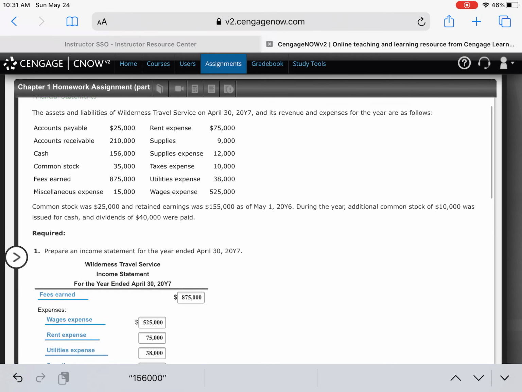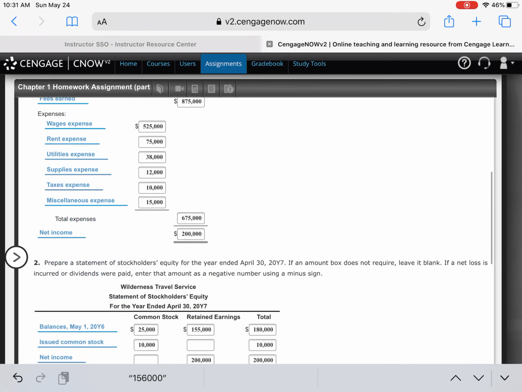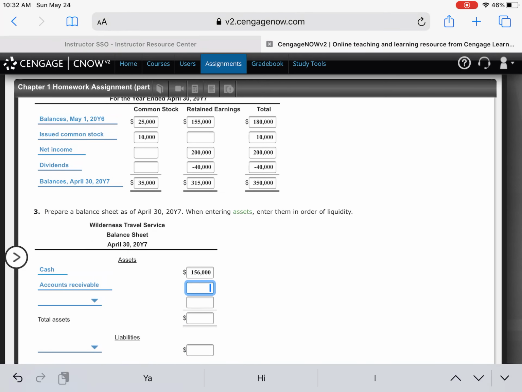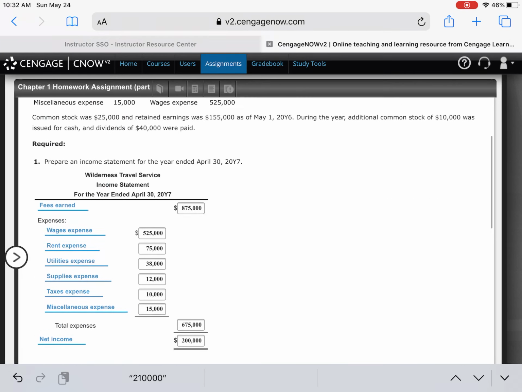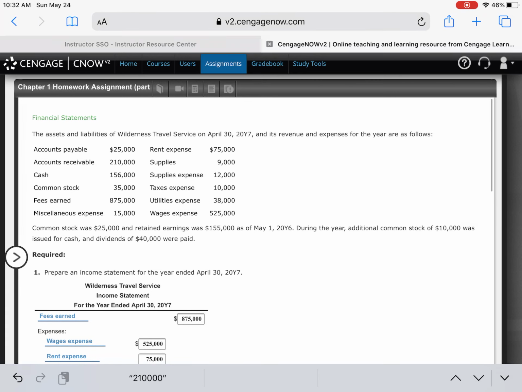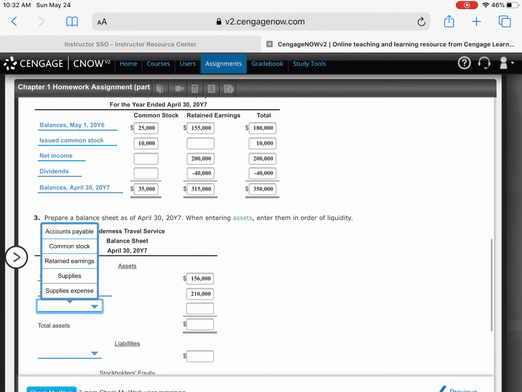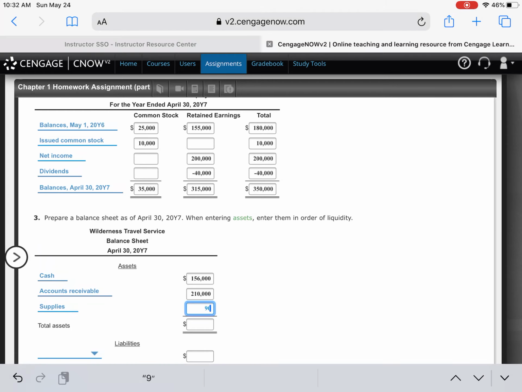Looking back at the information, we also have accounts receivable. So accounts receivable represents cash that we will receive sometime in the future for services that we have already provided to our customers. So that would be our next most liquid asset. And finally, we had supplies of $9,000. So our supplies of $9,000 gets entered.